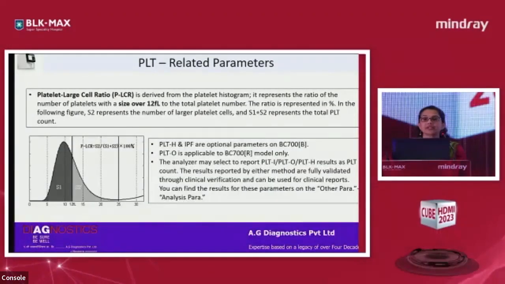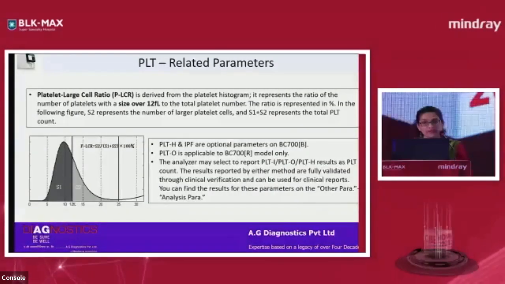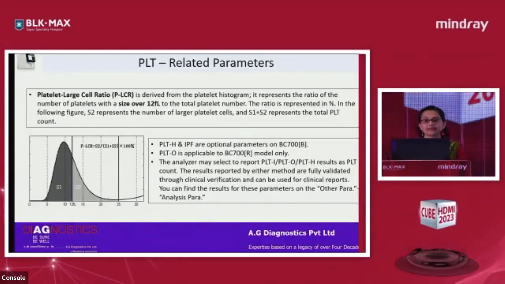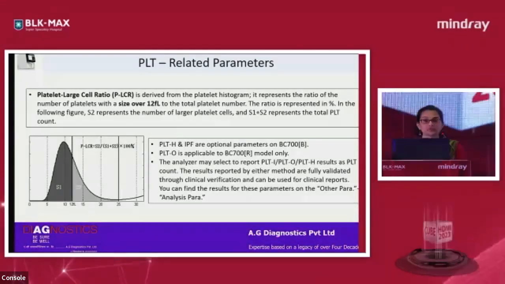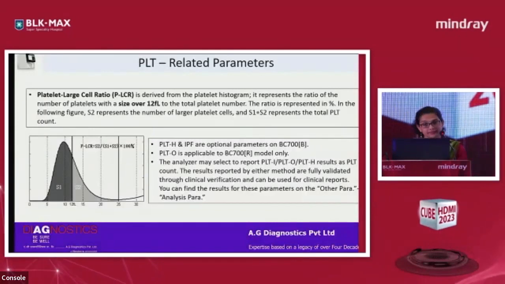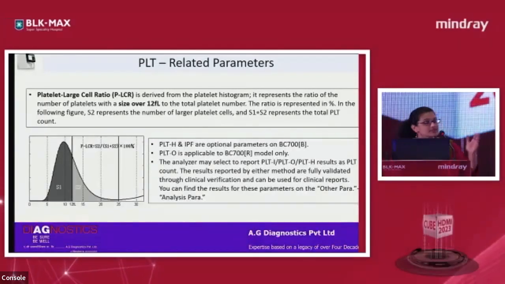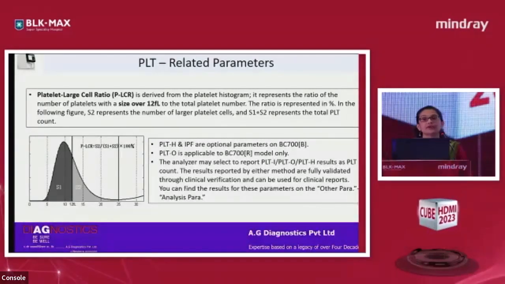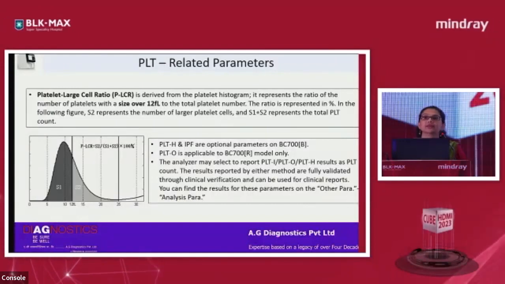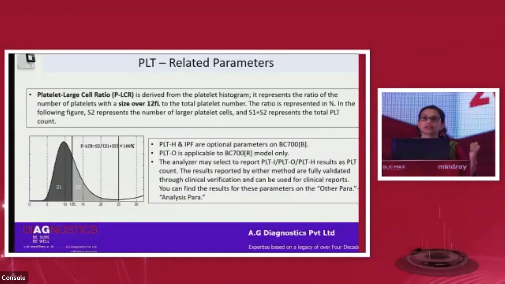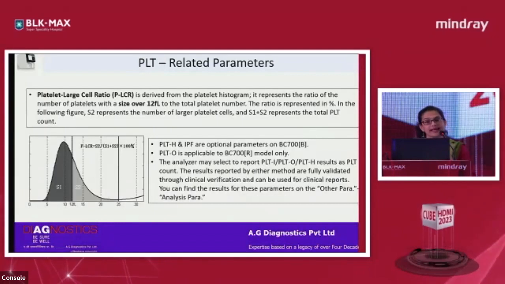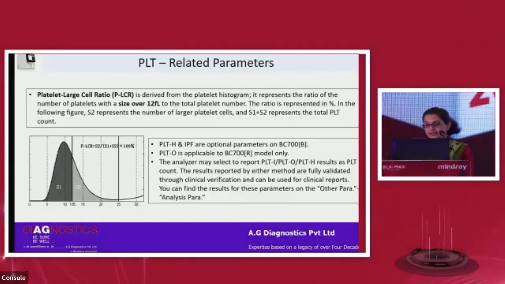So platelet large cell ratio is derived from the platelet histogram. It represents the ratio of the number of platelets with a size over 12 femtoliters to the total platelet number, so the S2 region in this figure. This is taken from the diff channel, combined with the small platelets on the impedance channel, and the platelet H is arrived at.